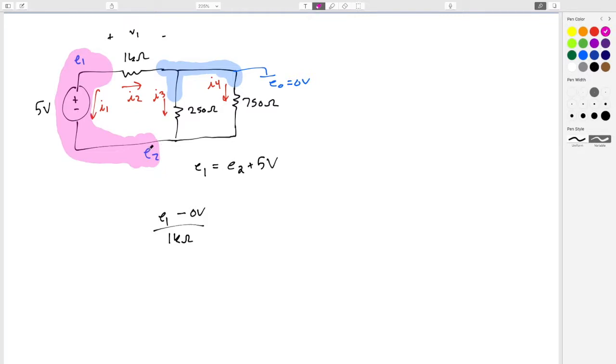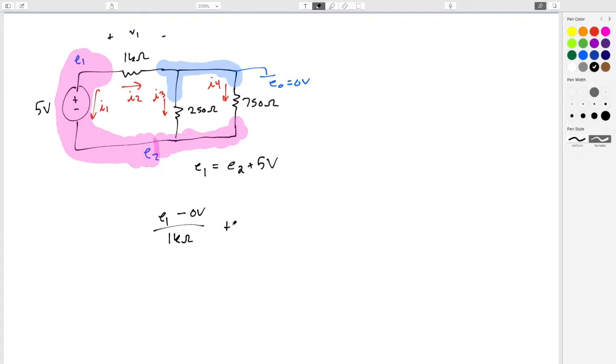Actually, let's stretch this all the way down to here. Now let's go back. We have the I2 current right here. Then we have two other currents coming out of this giant supernode: the opposite of how I3 is drawn, and the opposite of how I4 is drawn. So we can do those two currents out too.